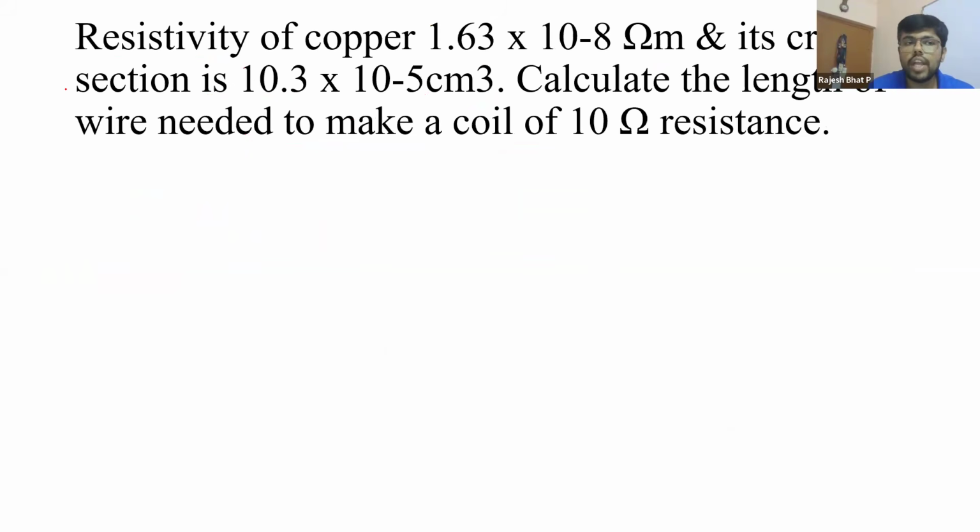Now let's go to the next variety, which can really be expected for this exam, which is on resistivity, rho L by A. This is the equation. Now let us see, the resistivity of copper is given: 1.63 into 10 power minus 8 ohm meter.